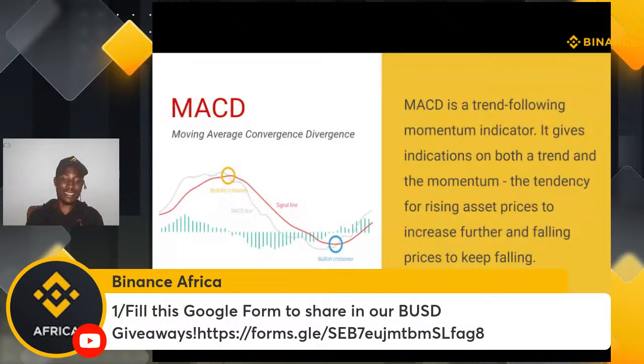To generate a MACD indicator yourself, all you have to do is subtract two exponential moving averages, two EMAs, to create the main line, which is the MACD line, the gray line in the screenshot. This is done by subtracting the 26 period EMA from the 12 period EMA.